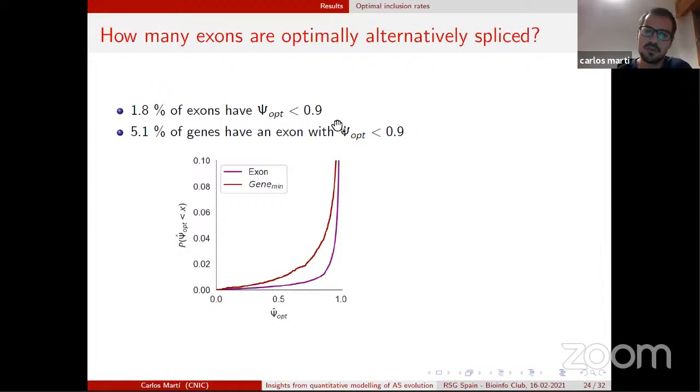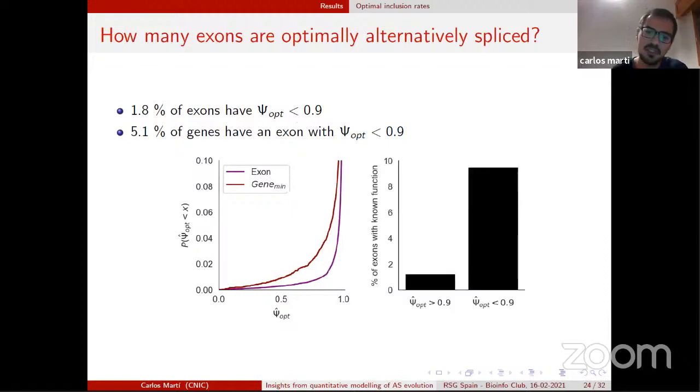To try to see whether this definition of alternative splicing as functional when they have an optimal inclusion rate below 0.9 is relatively meaningful, we took data from BuzDB, which is a database that collects annotated functions for different exons that have been experimentally tested to have different functions.